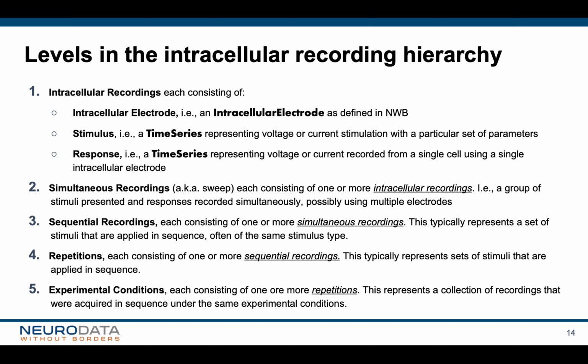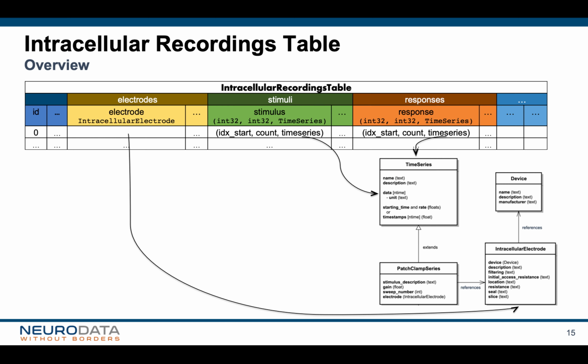So let's start at the bottom and first look at the intracellular recordings table. In the table, we need to store information about the electrode, the stimulus, and the response, which are stored as object references in the table. So we have a reference to the intracellular electrode, and then corresponding references to the stimulus and the response time series.